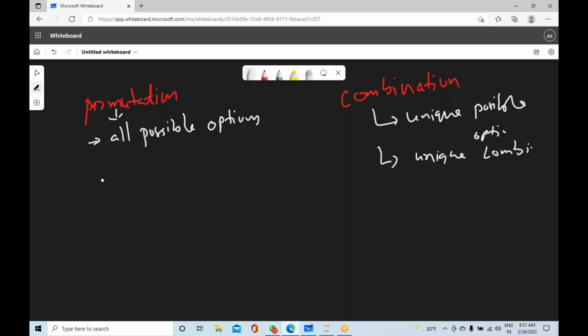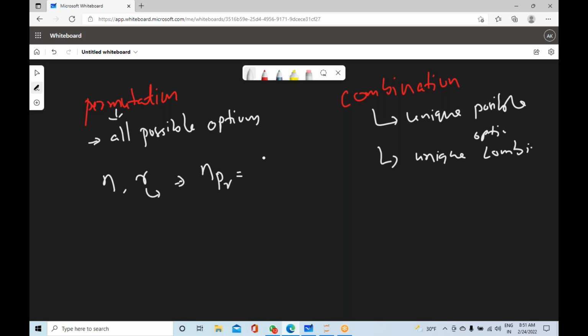For example, you have n number of samples. My sample size is n. And I would like to choose some possible number of permutations, r. So here, r and n. This is nPr, so you would apply nPr.